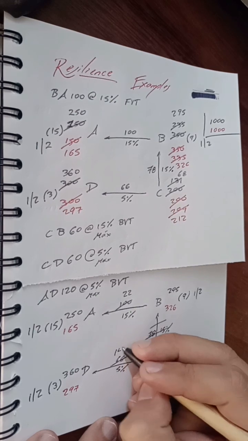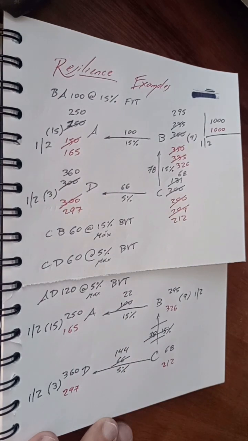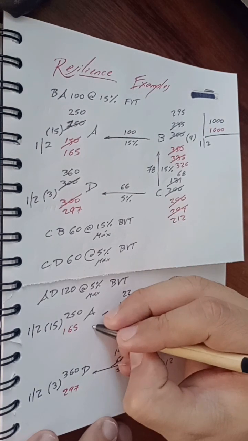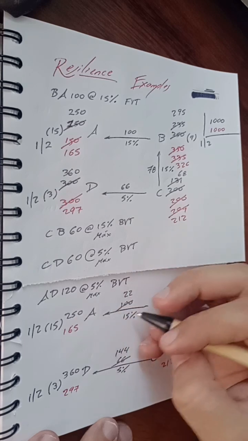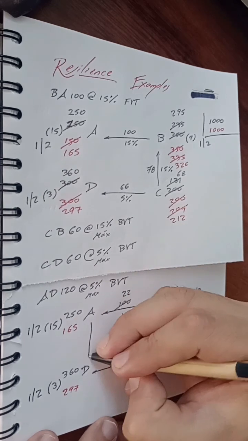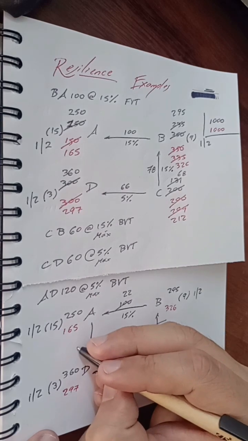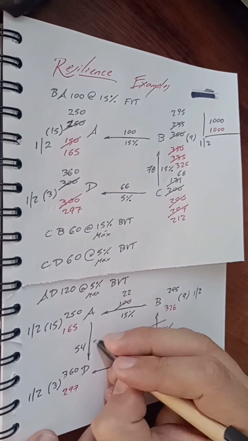In this case, 144. But we still are missing some remainder of that transaction. That would be 54. That would create a new link from A to D of 54 at 5%.